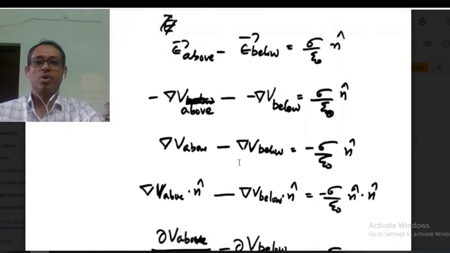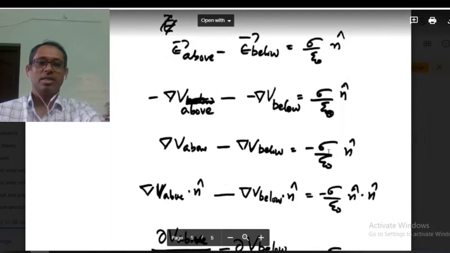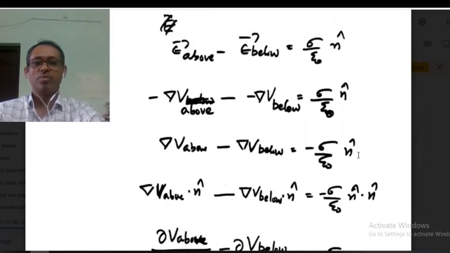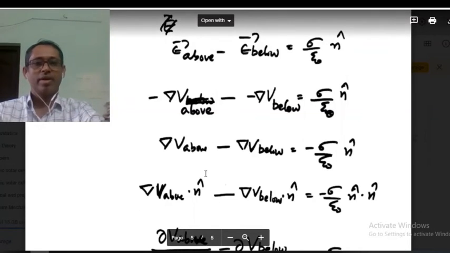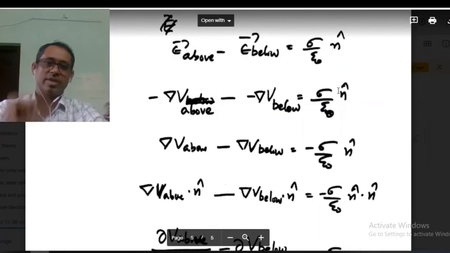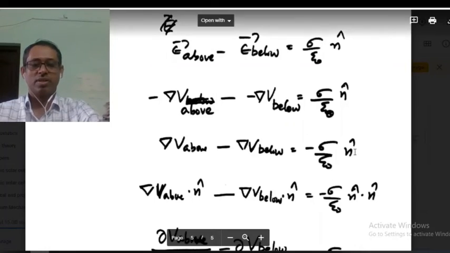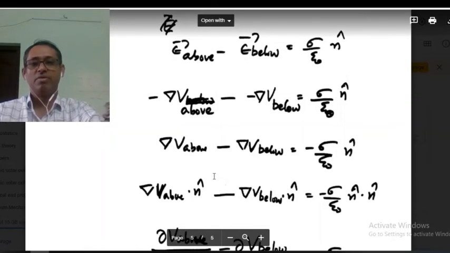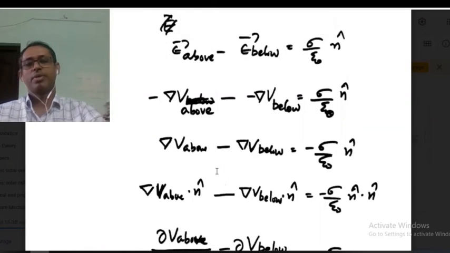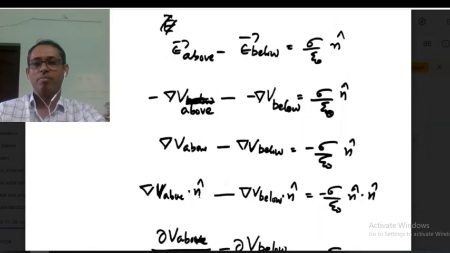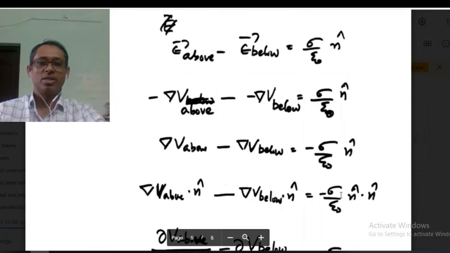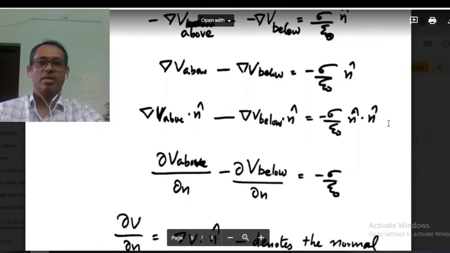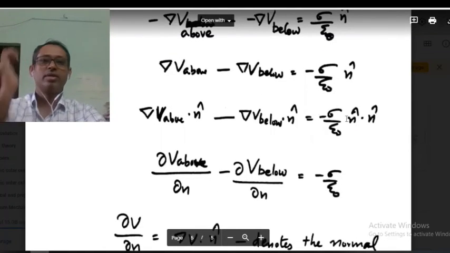So del V above minus del V below is equal to minus sigma by epsilon 0 n. Here n is a unit vector. Now taking the dot product with n, del V above dot n minus del V below dot n is equal to minus sigma by epsilon 0 n dot n, and n dot n is 1.